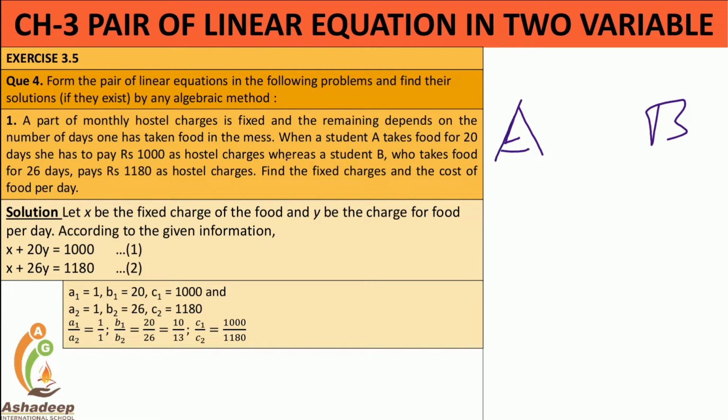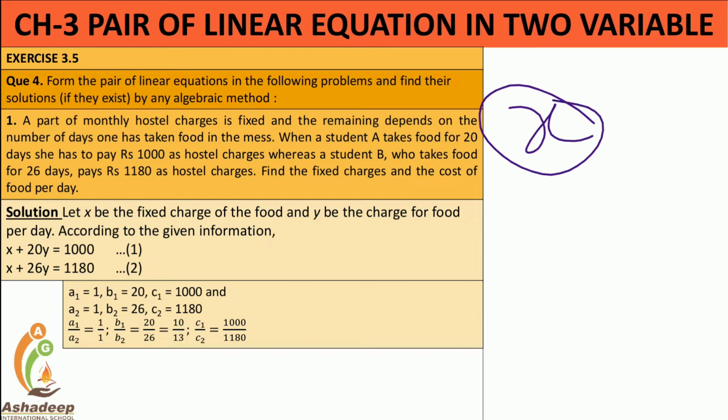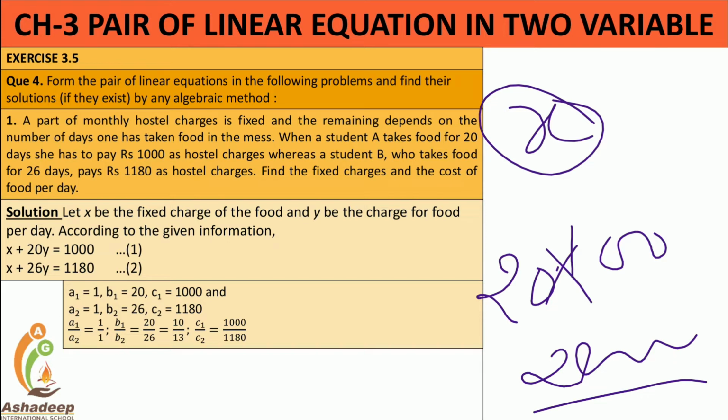In that way, here we have two students, A and B. Student A takes food for 20 days and has to pay 1,000 rupees. Let the fixed charge be X. For example, if the per day charge is 100 and he stays for 20 days, he needs to pay 2,000 rupees.